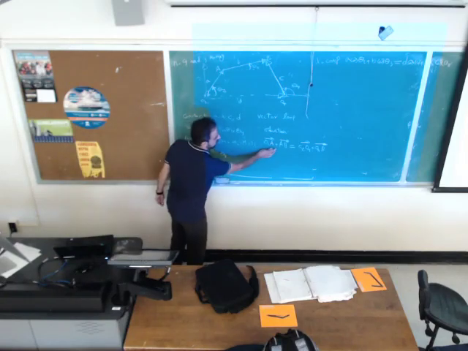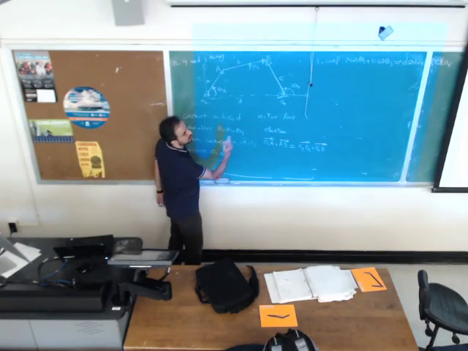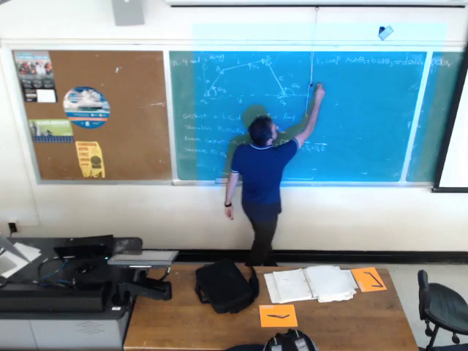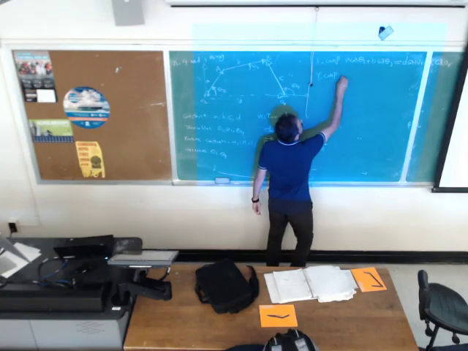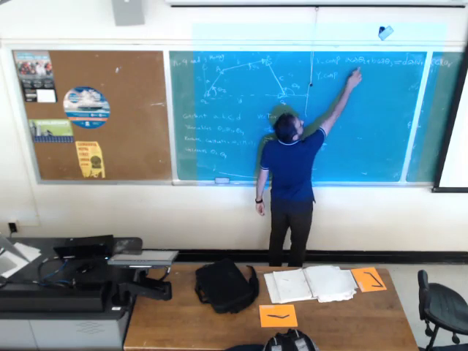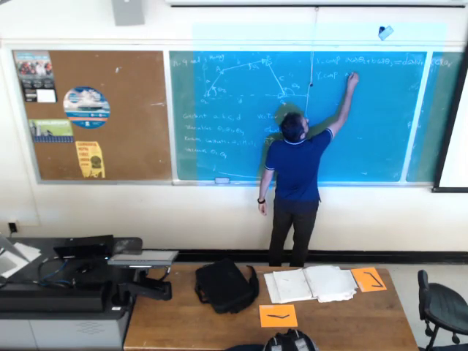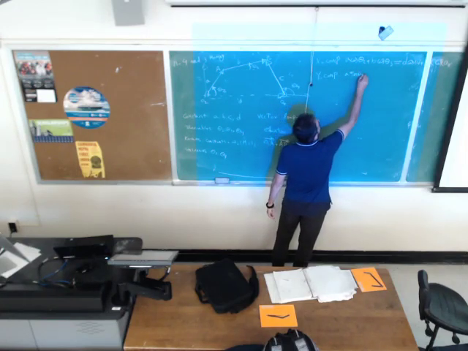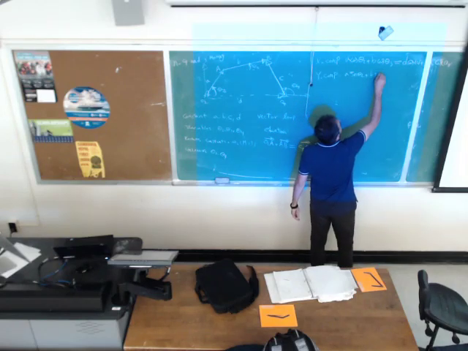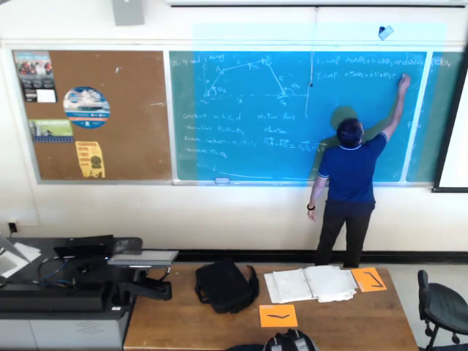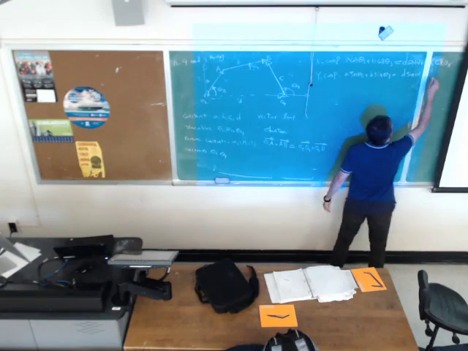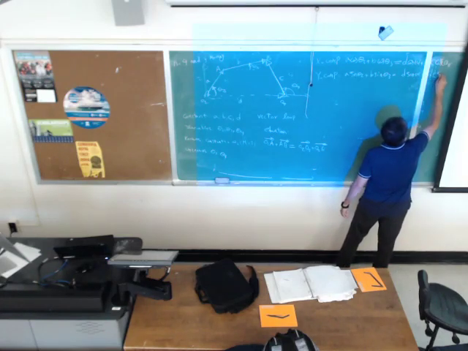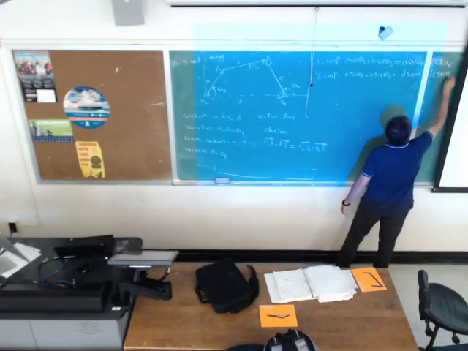This equation is valid. From this, I can get 2 equations, one for x, one for y. In the y component, just change any cosine term to sine. A sine of theta 2 plus B sine of theta 3 equals D sine of 0, which is 0, plus C sine of theta 4.